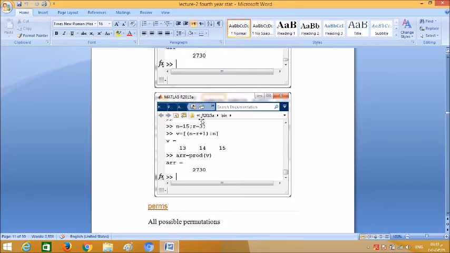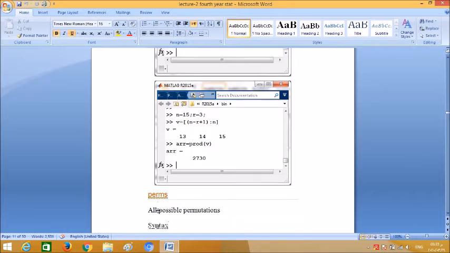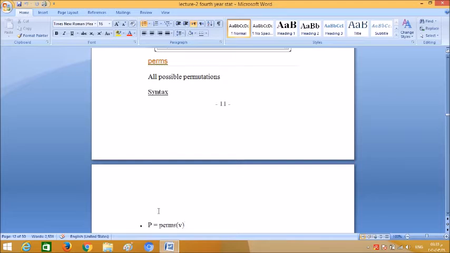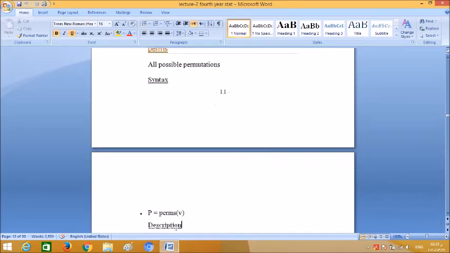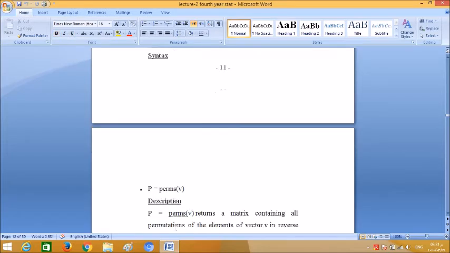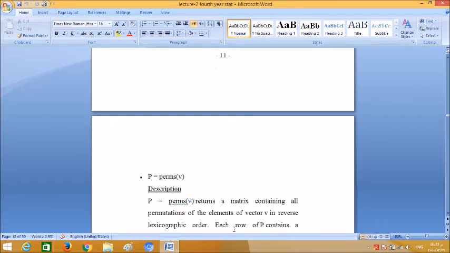The function perms, as I said, deals with all permutations, all possible permutations. So the syntax is P equal perms V. P equal perms V returns a matrix containing all permutations of the elements of vector V in reverse lexicographic order.